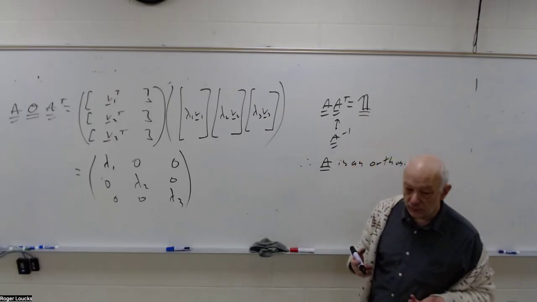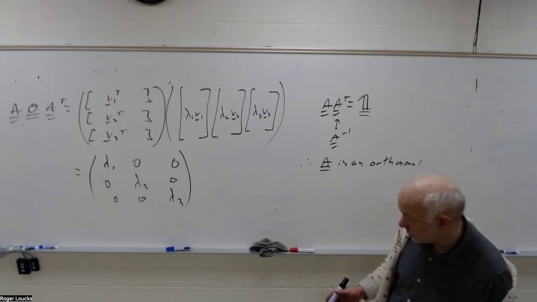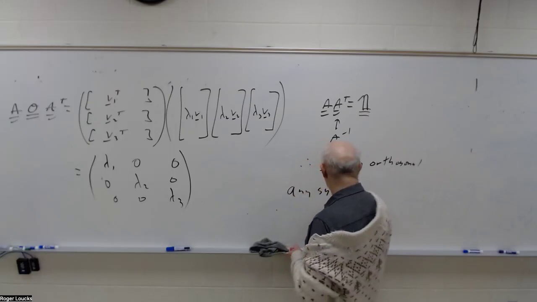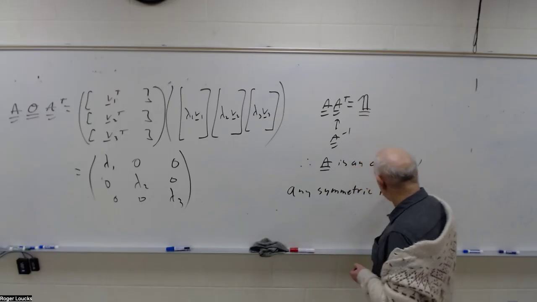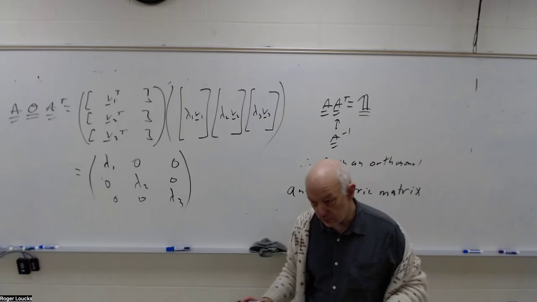So anytime you have a symmetric matrix, you can always diagonalize it with an orthogonal transformation. And you know, again, the number of times you have to use this in life is phenomenal. Okay.